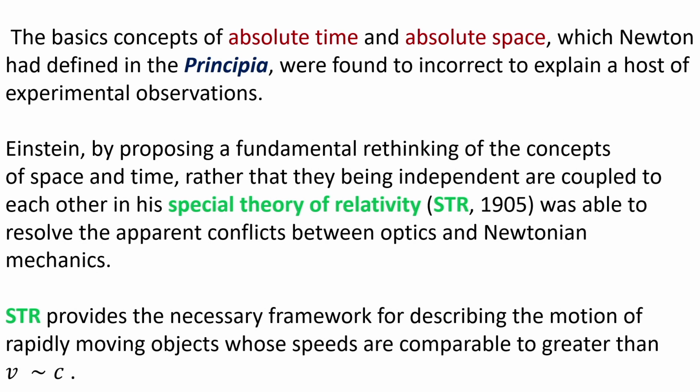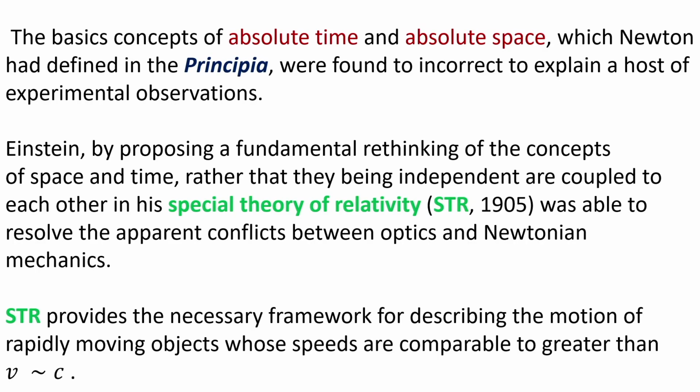So, any information that has to be sent or propagated will travel at the speed of light, and nothing can move faster than the speed of light. STR, or the special theory of relativity, proposed in 1905, provides a necessary framework for describing the motion of rapidly moving objects whose speeds are comparable to c, or the speed of light.